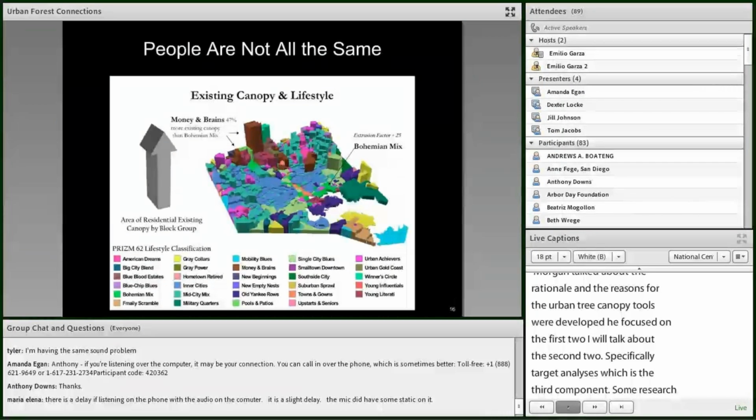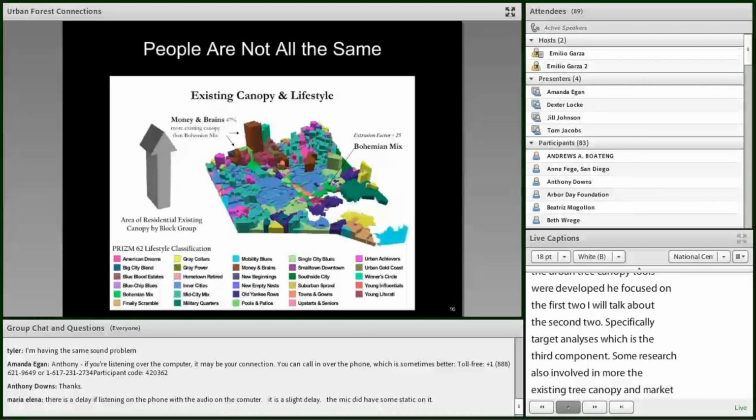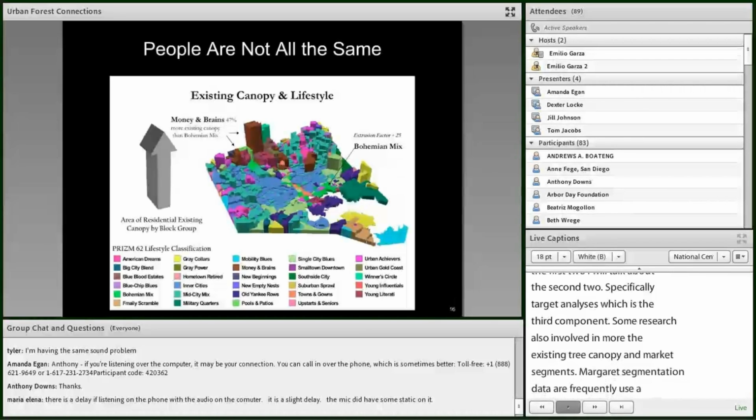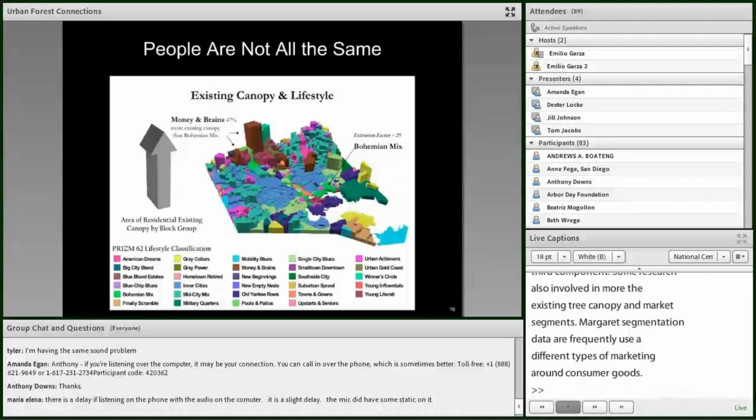Market segmentation data are frequently used in different types of marketing, particularly around consumer goods. And the way these data are created is they take census data, demographic characteristics, socioeconomics, and they add in other information about magazines, credit card expenditures, the types of cars people buy.